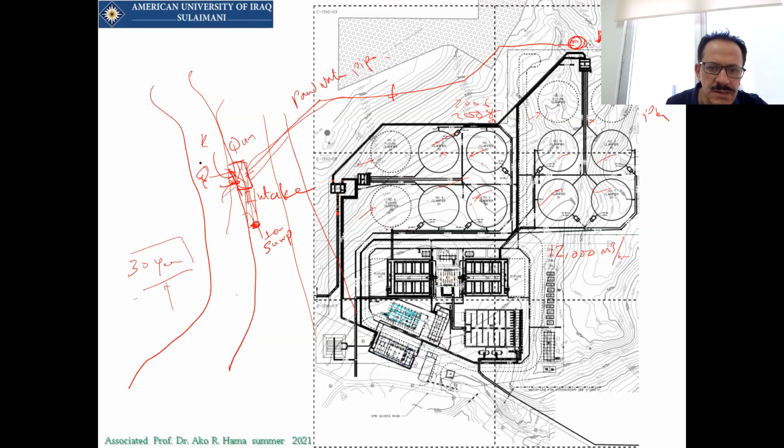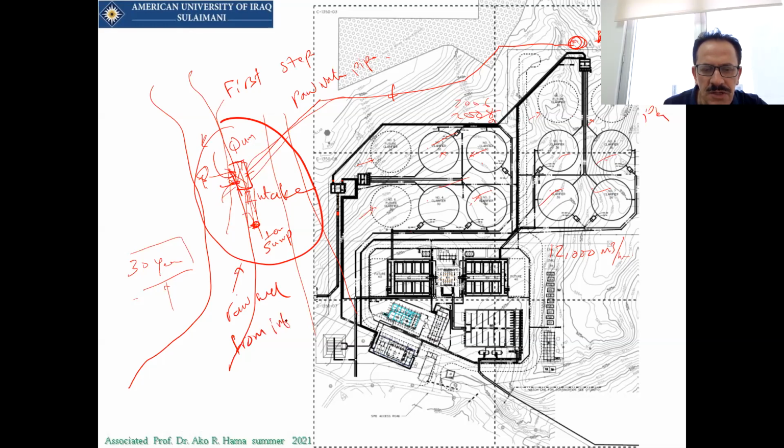My point is, the first step for treating water is to take the raw water from the intake structure.